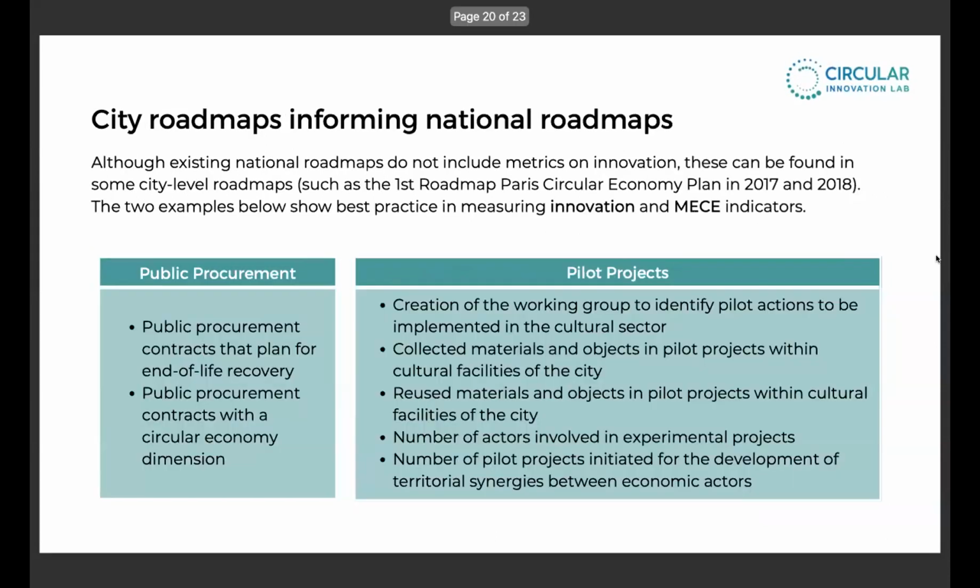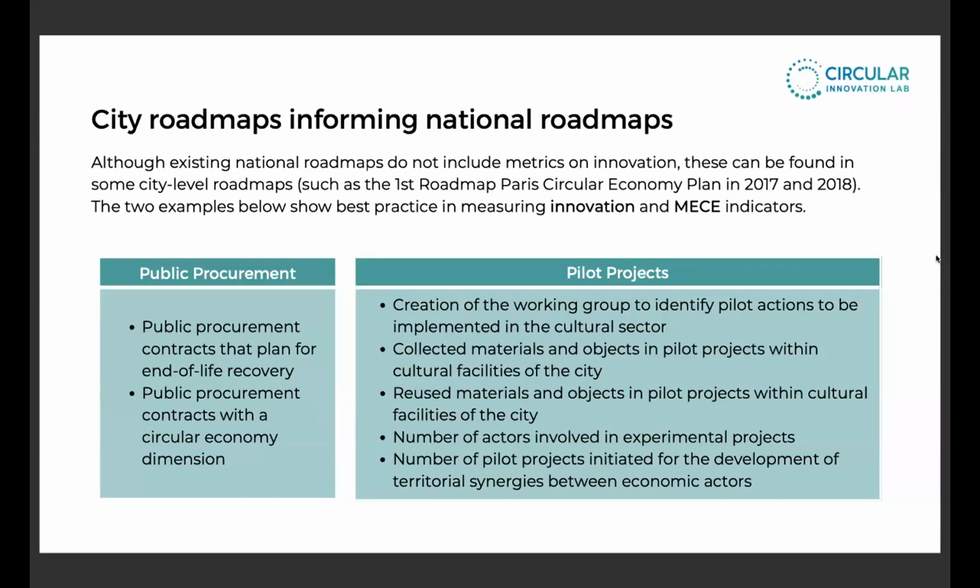When we look at national roadmaps, we also have to look at citywide roadmaps, Paris being the first, with the Paris Circular Economy Plan in 2017. Although this is yet to be seen in national roadmaps, city roadmaps have been including innovation metrics in their indicators.